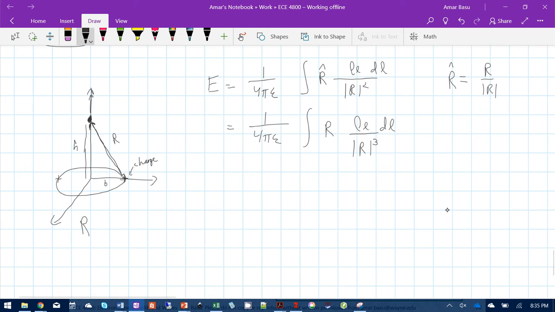R is equal to, so we are going inwards and up, right? So we're going from r equals b to r equals 0. So it's negative b times r hat, and what's the second part of the vector going to be?